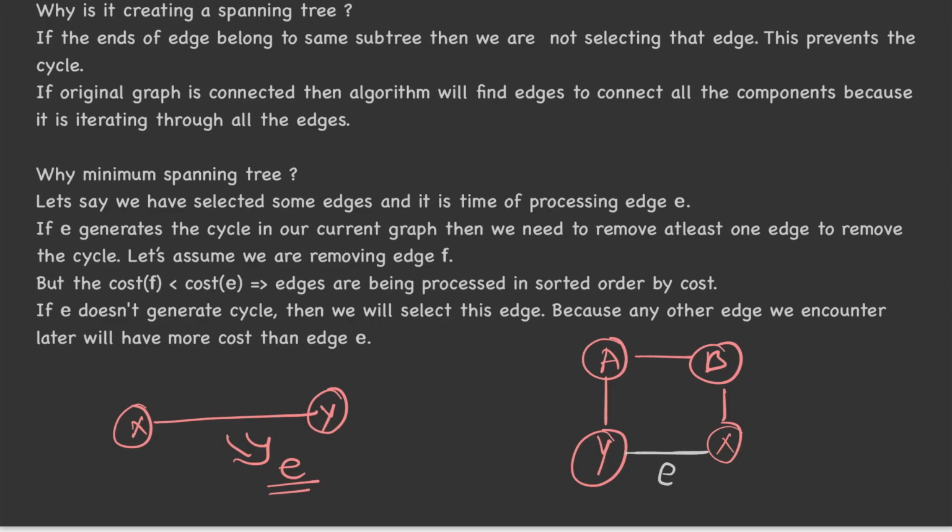Let's say you are going to remove any edge, let's call it F. Removing this particular edge will actually increase our cost. Why? Because cost of F is less than cost of E. That means the weight of this particular edge F will always be less than the weight of this particular edge E. Why? Because remember, in Kruskal's algorithm, we have already sorted all the edges in ascending order.